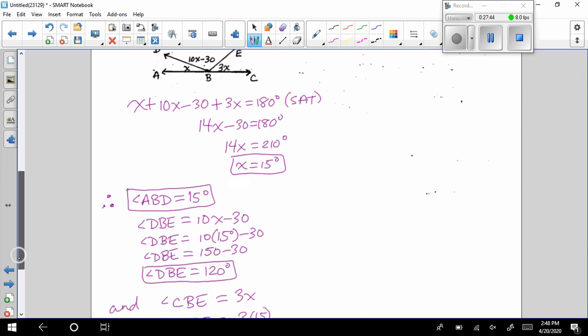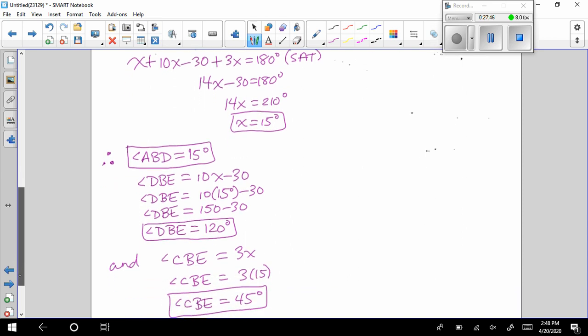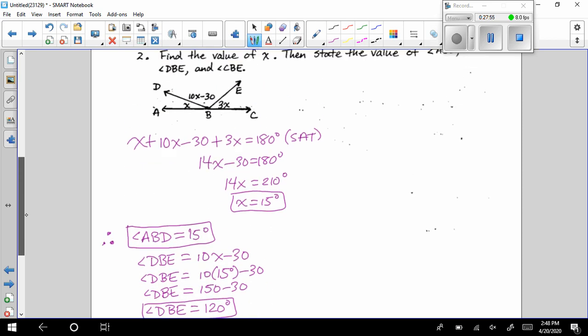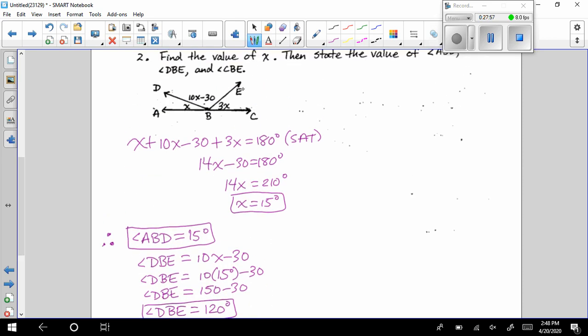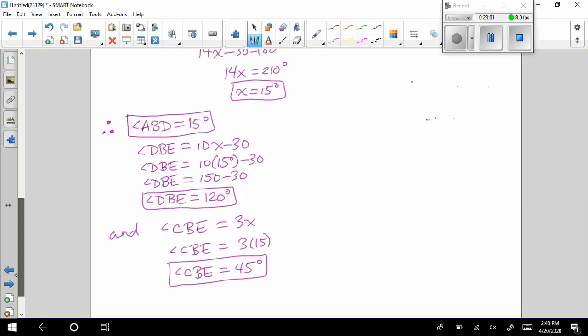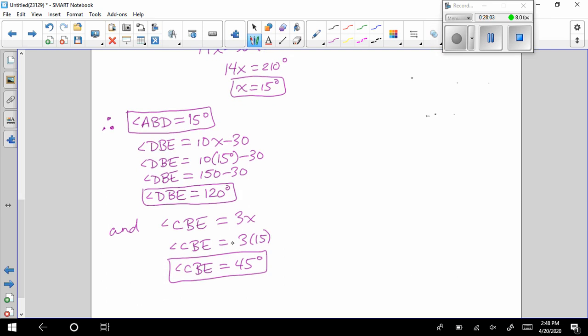The expression 10x minus 30 gives the size of angle DBE, and subbing in 15 in place of x and working out the math gives me an angle measure of 120 degrees. That makes sense. That's a very big angle. That's an obtuse angle. And finally, angle CBE is equal to 3 times the value of x, which works out to 45 degrees.